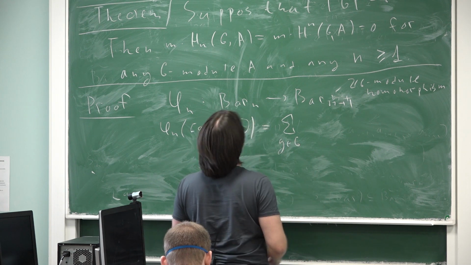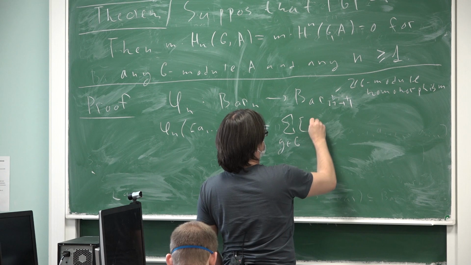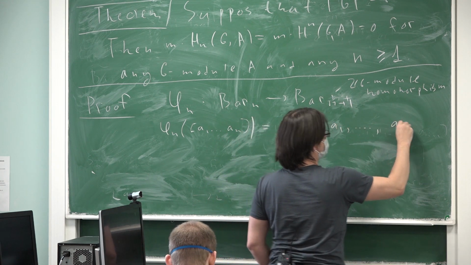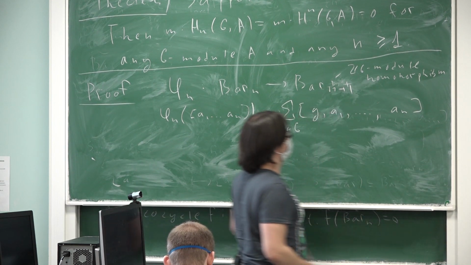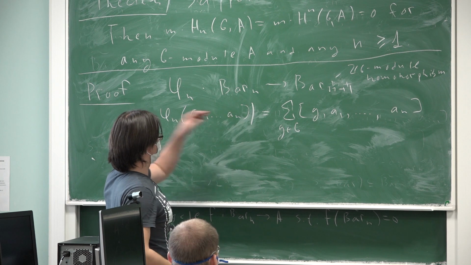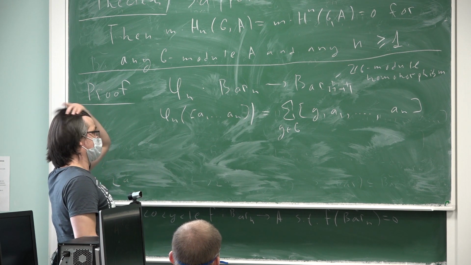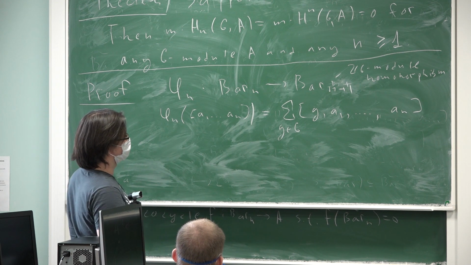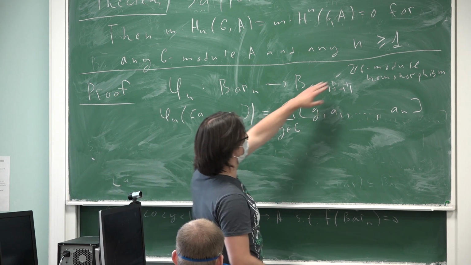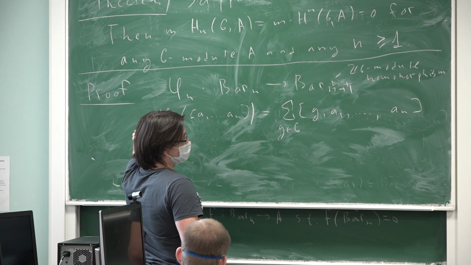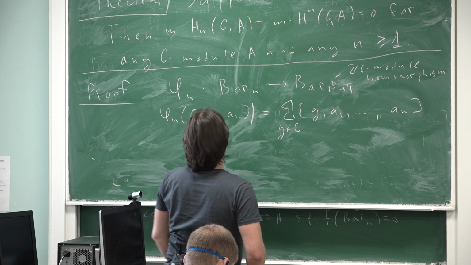Since G is finite, we can do this. Since these guys are more or less generators as ZG modules of bar n, we can do this and proceed by ZG linearity.